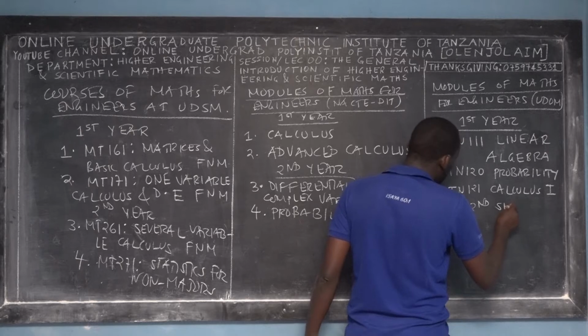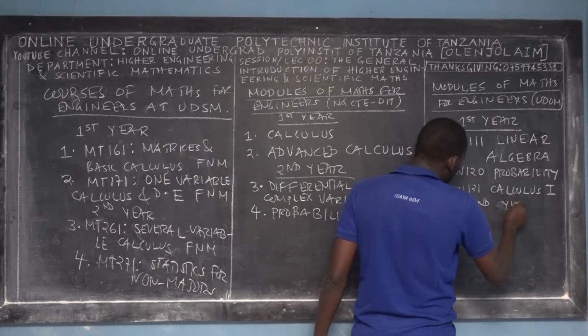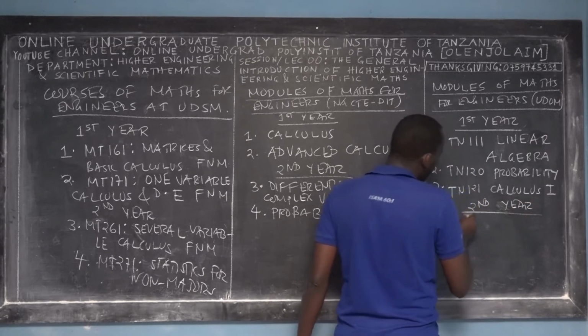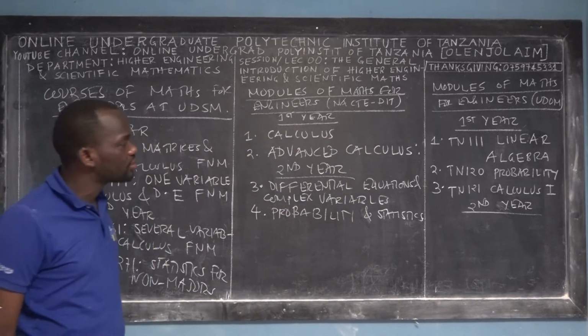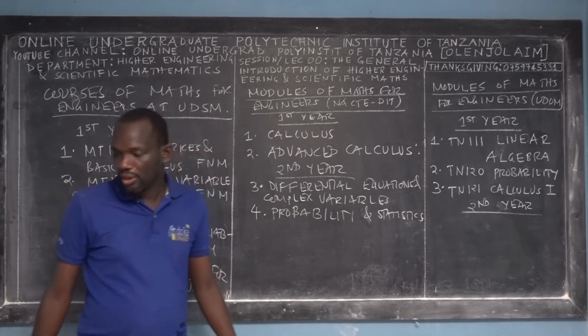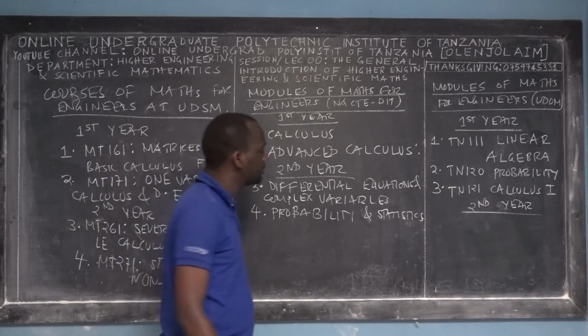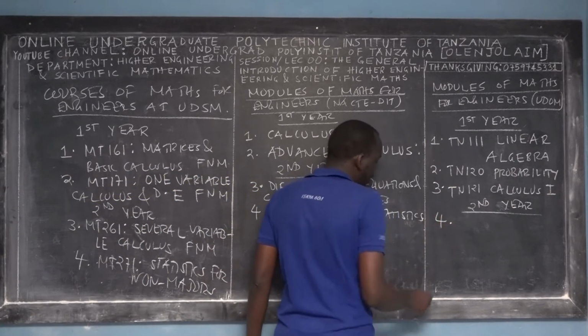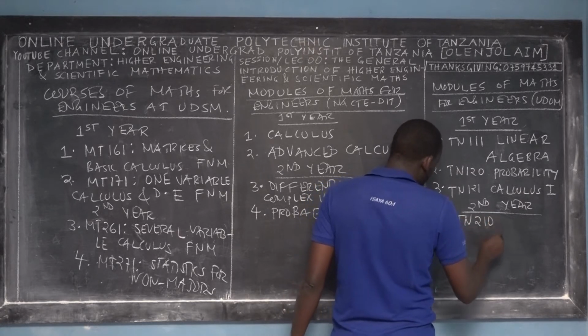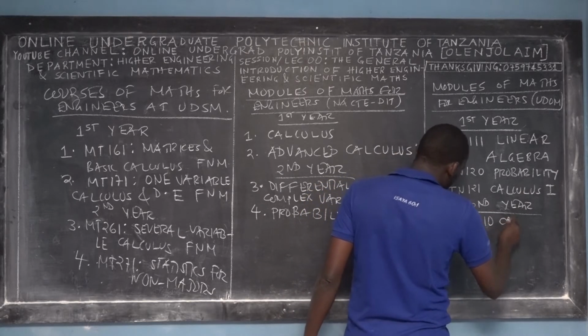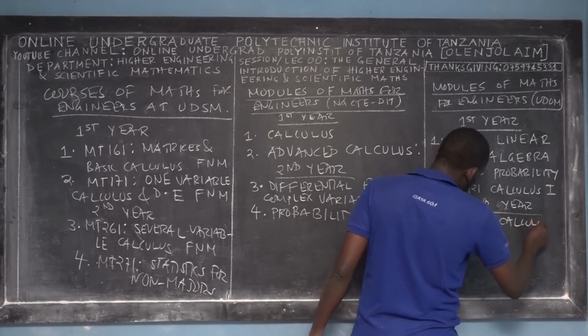For the second year student at the College of Informatics and Virtual Education, the students have to learn a course in mathematics in only the first semester. It's called TN 210, and this is called calculus.